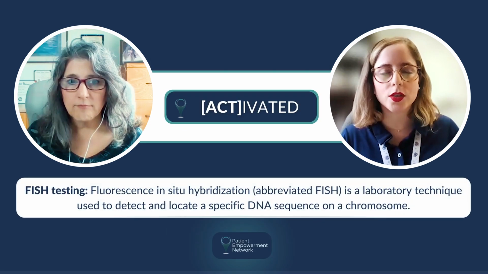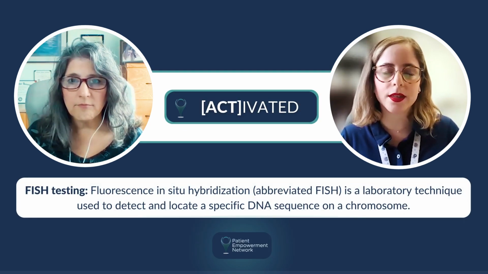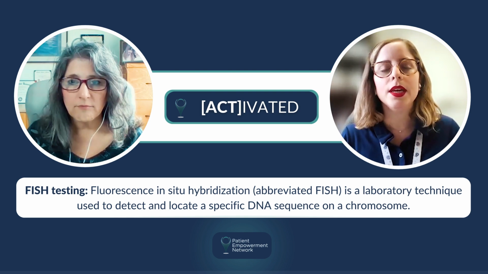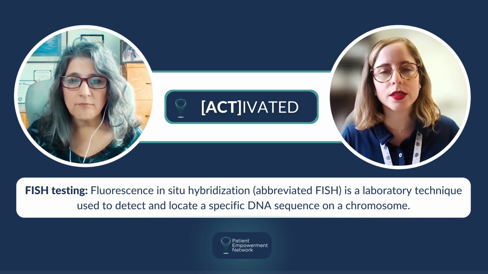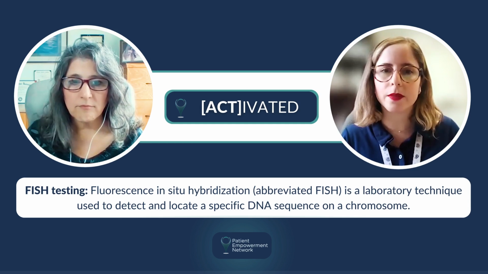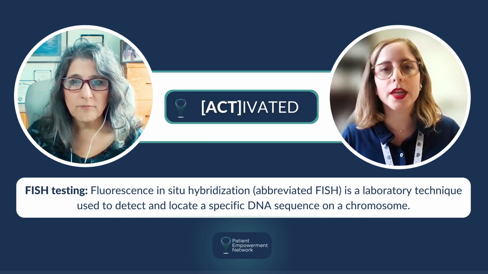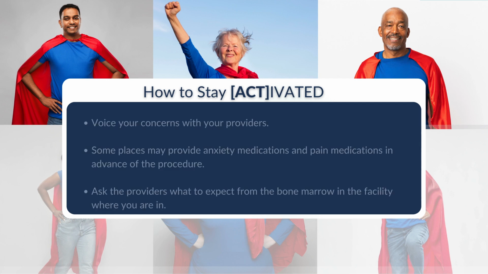We look at mutations doing FISH testing, and we do molecular testing that looks at specific point mutations that may be associated with AML and provide insight into the treatment options as well as the prognosis of the patient's disease, and whether or not they may benefit from a stem cell transplant to increase the chances of maintaining a remission and obtaining a cure.